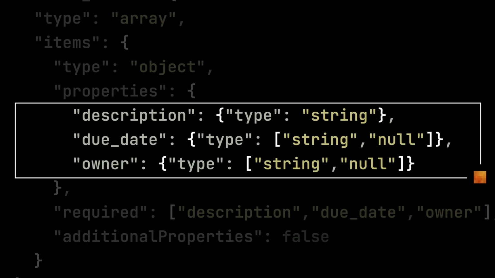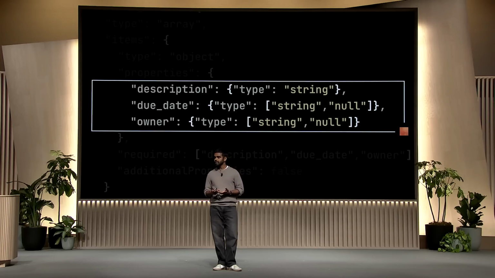Each action item has a description, a due date, and an owner. To produce a good output, it's not enough to know that a description is a string and the owner is a string. The model needs to know what kind of string goes into a description and what kind of string goes into owner. So to ensure the models are good at this, we trained them with a whole bunch of complex schemas, including nested schemas.